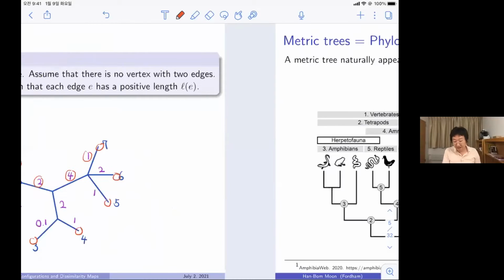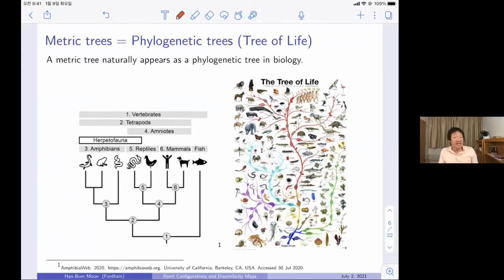As you can see, all of the edges have some assigned numbers, which are their lengths. This metric tree naturally appears in the branch of computational biology called phylogenetics. Just think about the situation: suppose that we have 10 or 100 different species, like mammals, fish, reptiles, etc. From our science class in high school, we know that everything is branched out from a common ancestor.